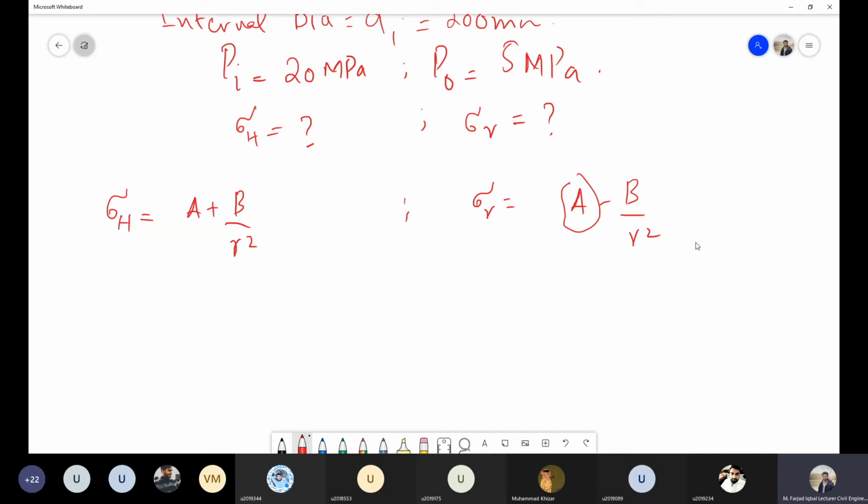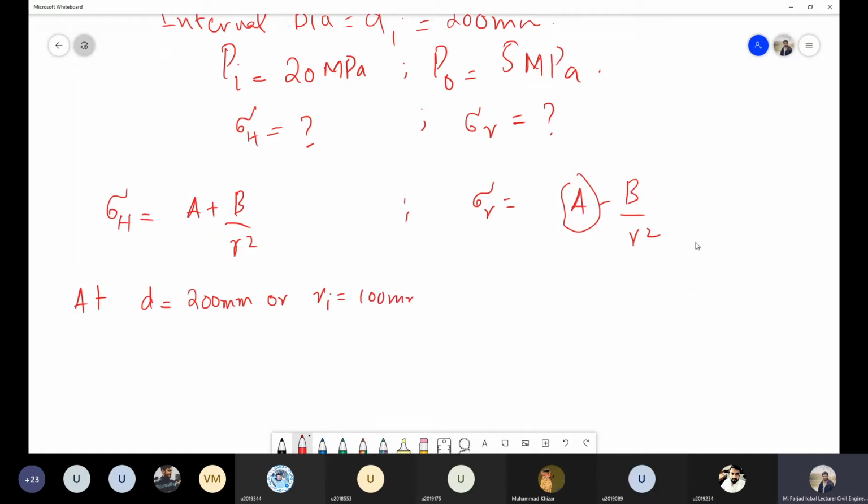So let's say my first condition is that at the internal diameter of 200 mm, the internal radius will obviously be half of this.